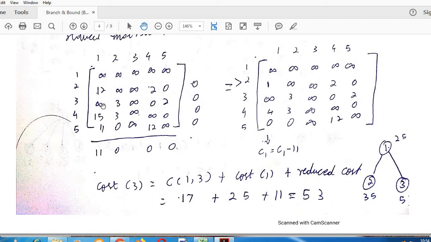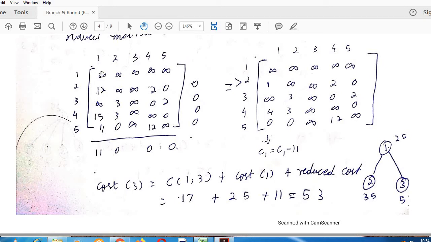Now we have to do column minimization. The minimum value in the first column is 11, the minimum value in the second column is 0, the minimum value in the fourth column is 0, and the minimum value in the fifth column is 0. Once I get a value greater than 0, then that particular column or row should be reduced with the minimum value.